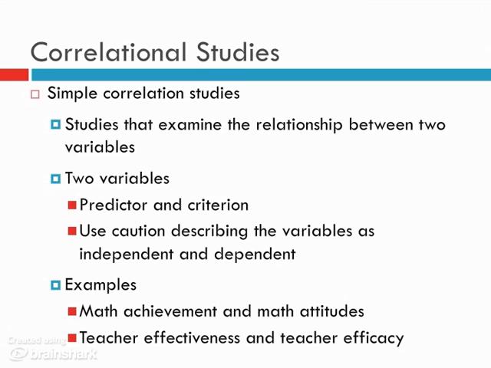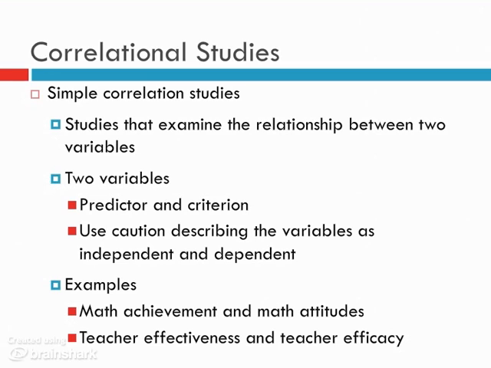So for example, if we have high math achievement, then we also have positive math attitudes. Or if a teacher is highly effective, then a teacher also has a high degree of self-efficacy. So there's directionality there. It could also be opposite. It could be that low math achievement means that we have positive math attitudes, which wouldn't be the case, but that still demonstrates directionality.